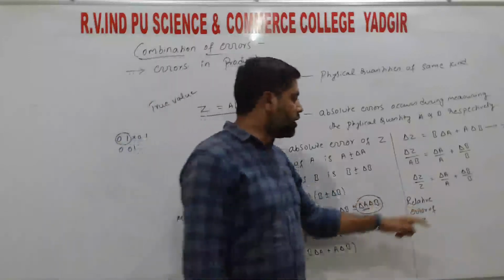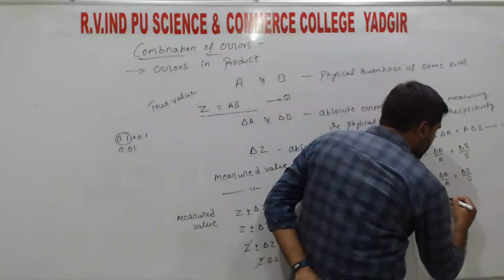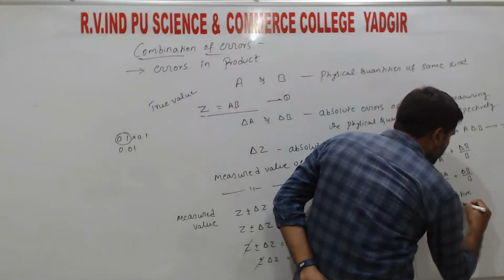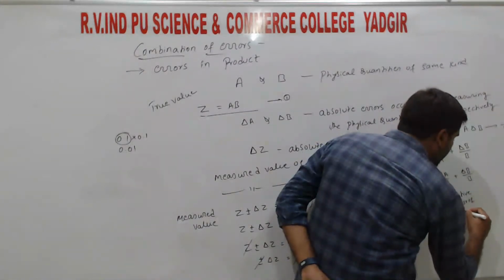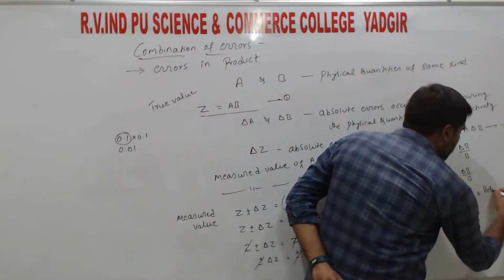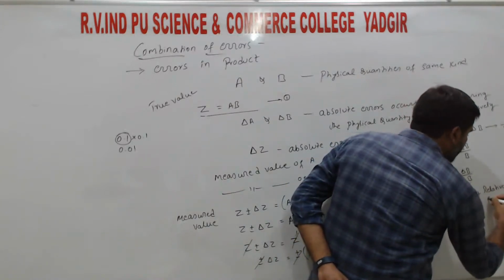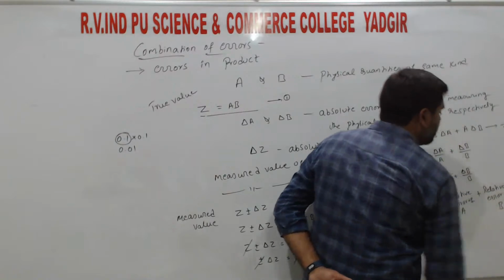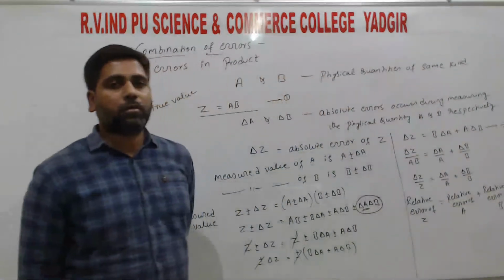So relative error of Z equals the sum of the relative error of A plus the relative error of B, right?